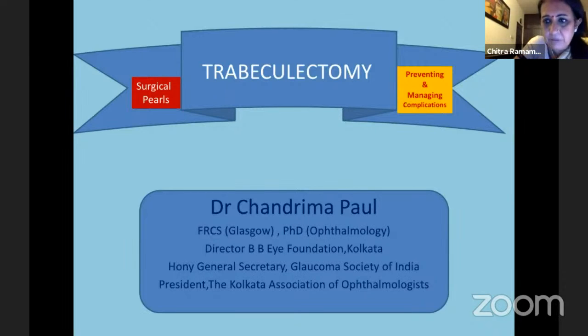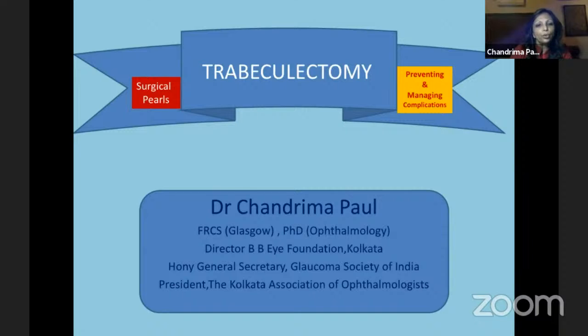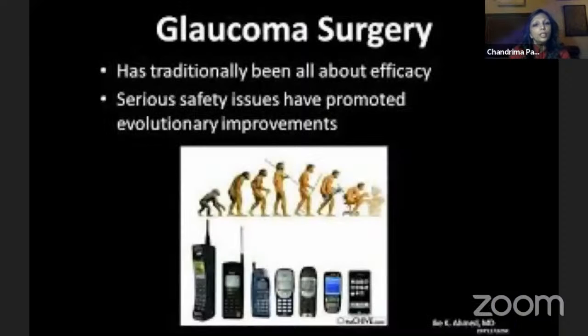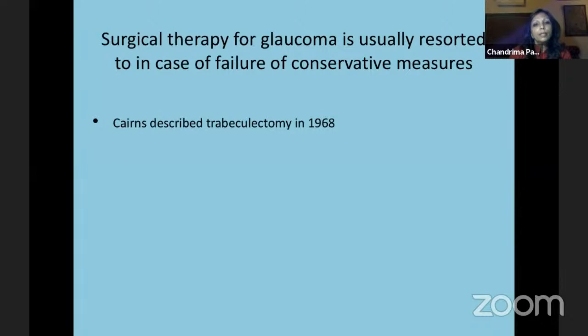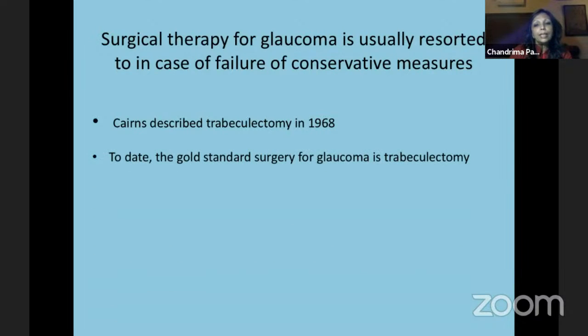Preventing complications and taking you through it. So glaucoma surgery has traditionally been all about efficacy, and serious safety issues have promoted evolutionary improvements. Surgical therapy for glaucoma is usually resorted to in case of failure of conservative treatments. Trabeculectomy was described as early as 1968.